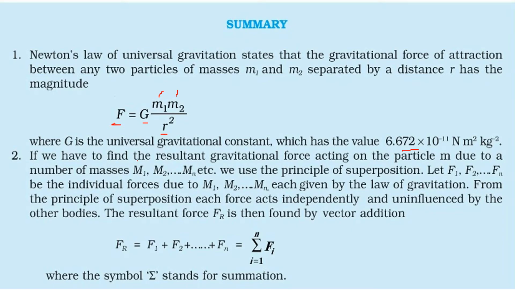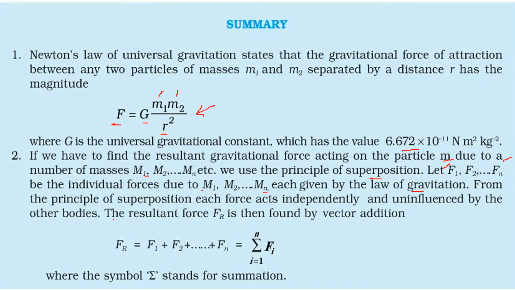If we have to find the resultant gravitational force acting on a particle of mass m due to a number of masses m1, m2, up to mn, we are going to use the principle of superposition. F1 to Fn are the individual forces acting due to m1, m2, up to mn, and each is given by the law of gravitation as you saw here.